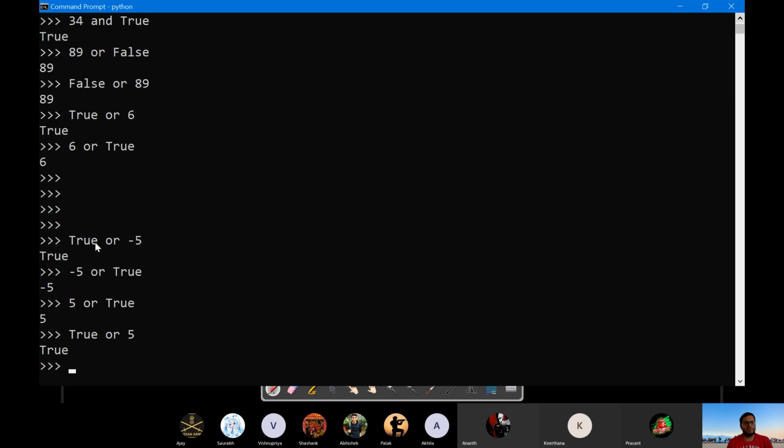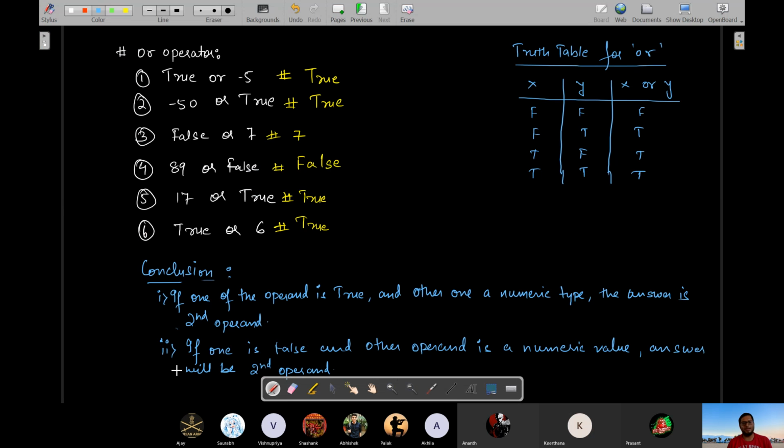Answer is always the first operand. देखो यहाँ पे true और -5 में true आया है, -5 और true में -5 आया है, 5 और true में you are getting 5, true और 5 में you are getting true. Not the second operand but the first operand.